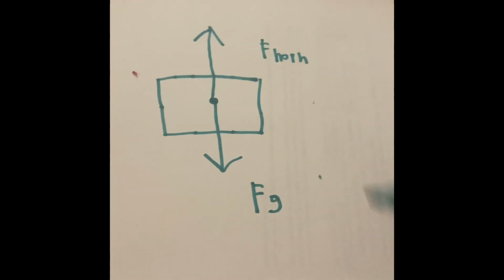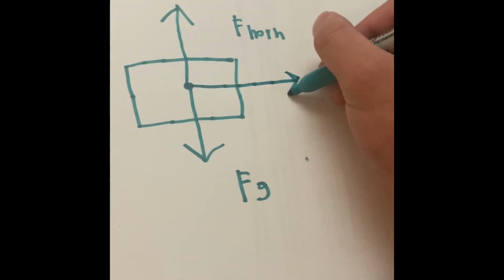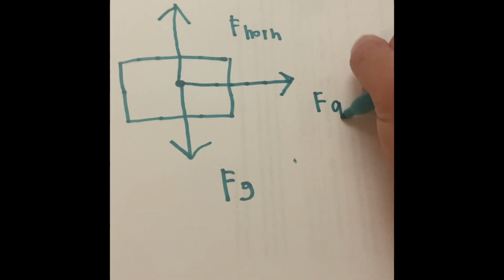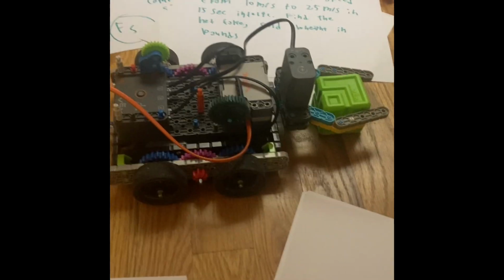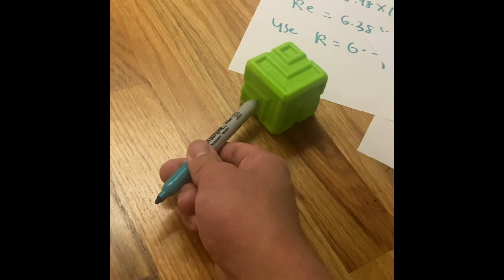The block is going to go to the right, so we put a line from the middle to the right. That is the force being applied. There has to be some kind of force pushing the block that way, like I'm applying force on that block right there.